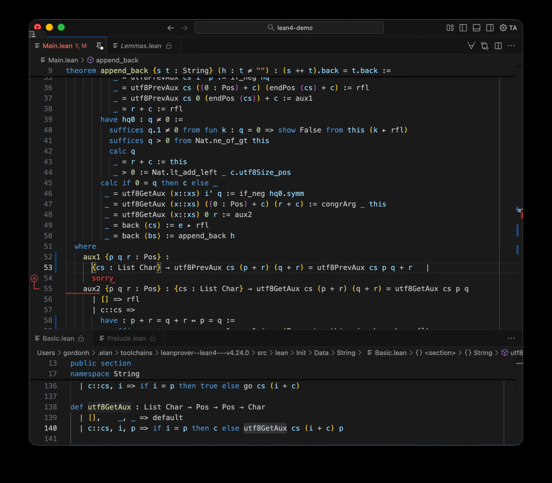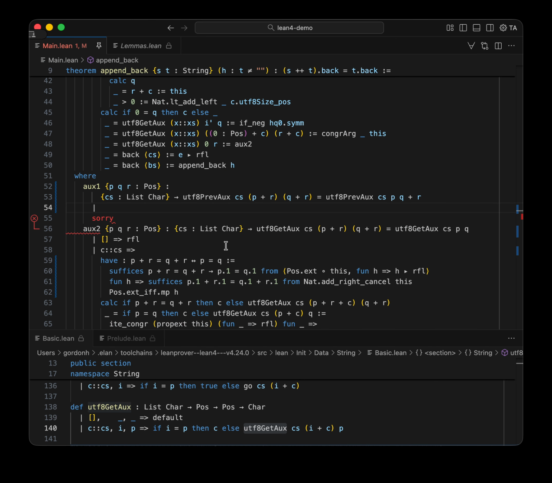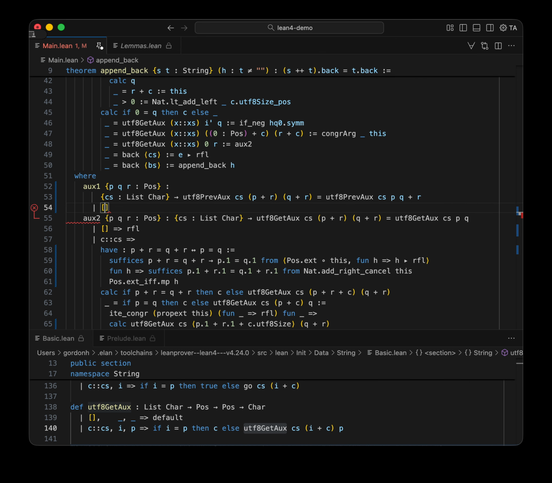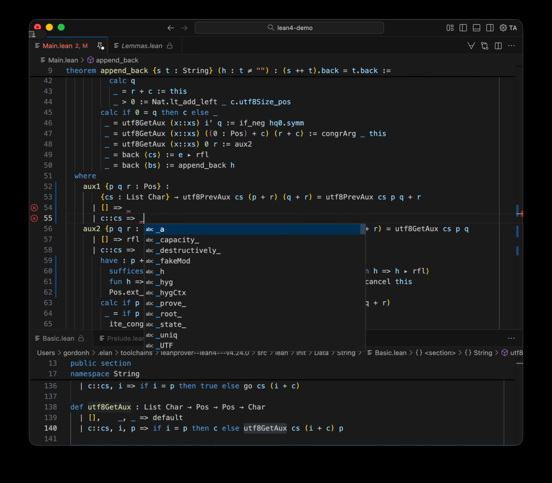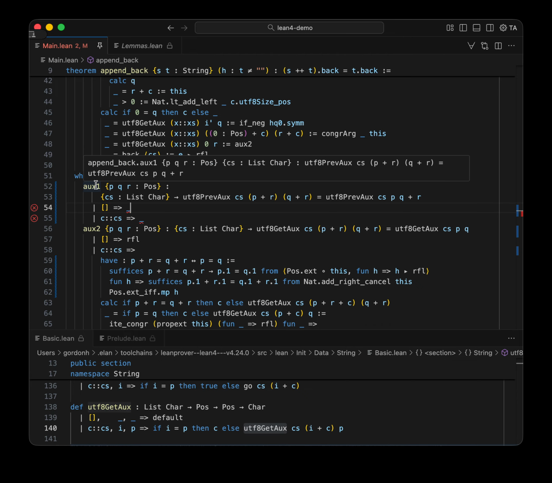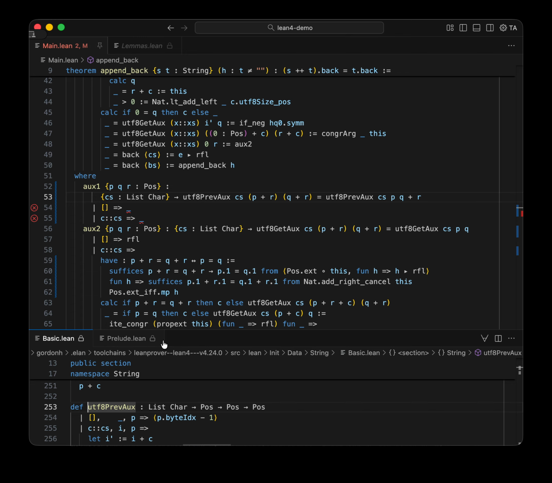Let's break this line. Okay. Same kind of argument by cases. And then eventually recurs back to auxiliary 1, making this an inductive proof. Oh, what do we have here? What do we have here?